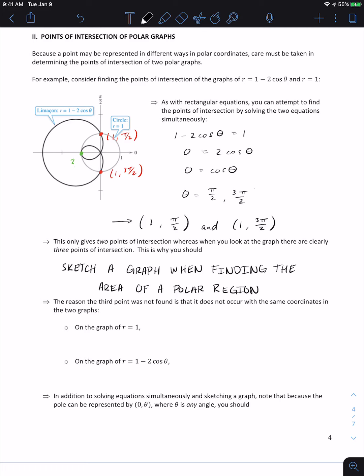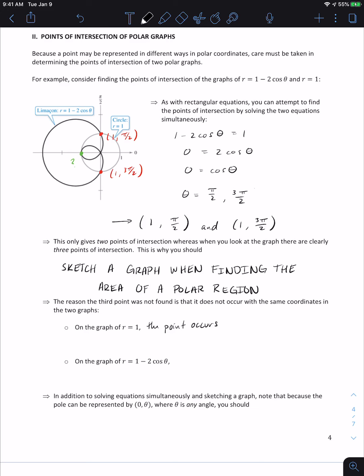The reason why the third point was not found when we set them equal to each other is that it did not occur with the same coordinates in the two graphs. In other words, they happened at two different theta values and two different radii. So on the graph of r equals 1, on the circle, when does that point occur?